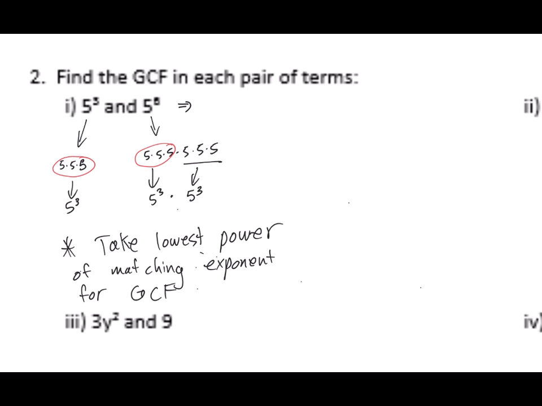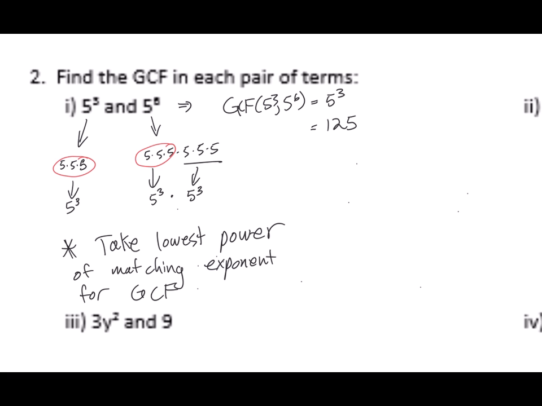So now if I take a look at 5 cubed and 5 to the 6, I could just tell you right away that the GCF of 5 cubed and 5 to the 6 is the same as 5 cubed, because we take the lower power, and 5 cubed is just 125, and we're done.